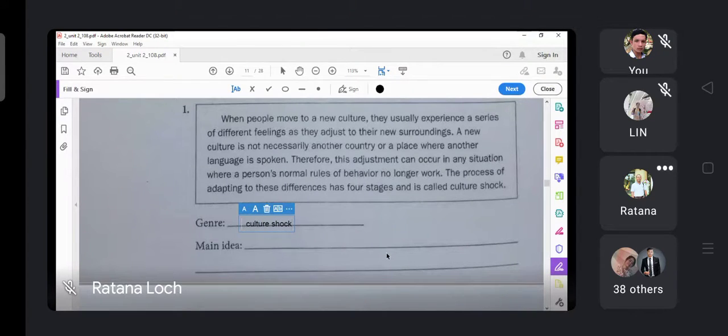If the genre is about culture shock, you can say it is a part of academic writing.